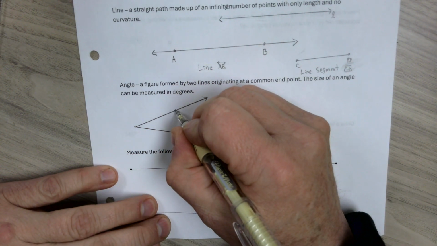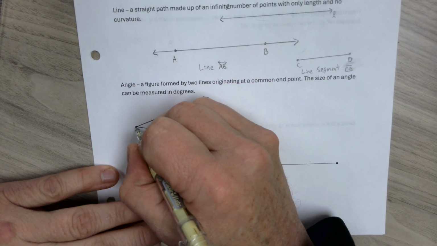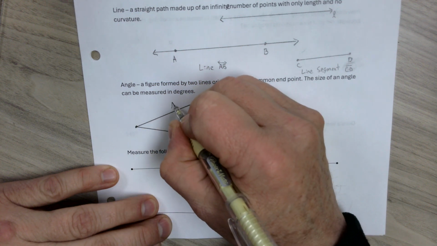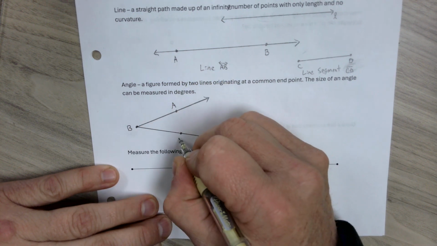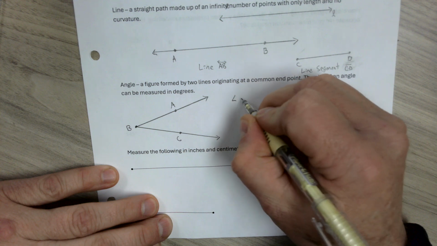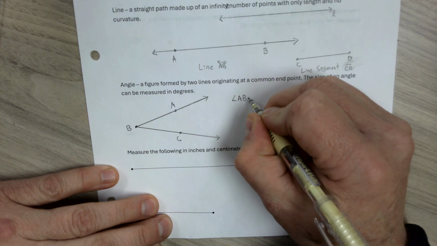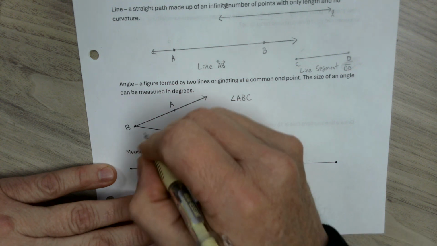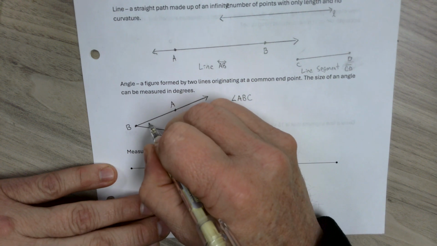And then to label this, I can make 3 points, one of them being the vertex. And we can call this angle ABC. So that is one way to label it. Or you could put a number.